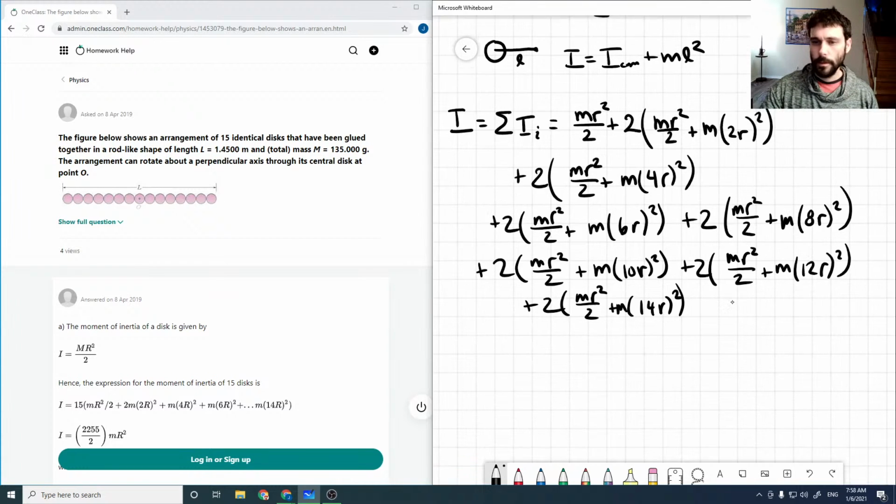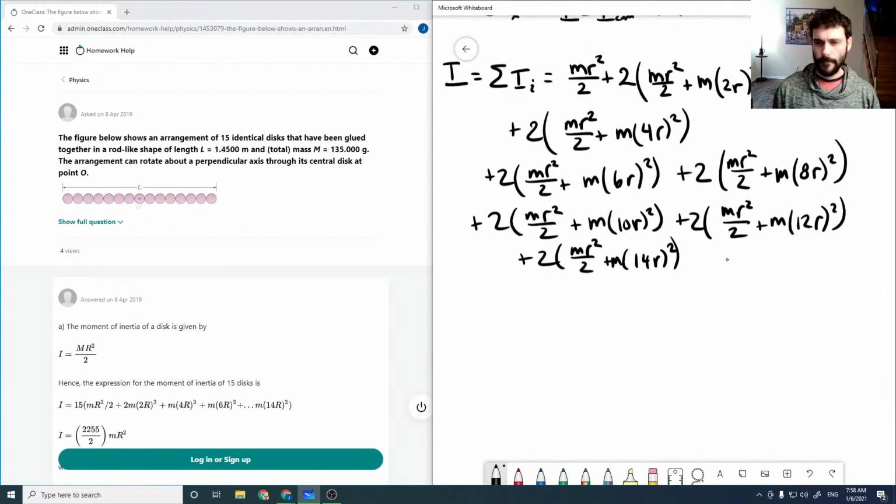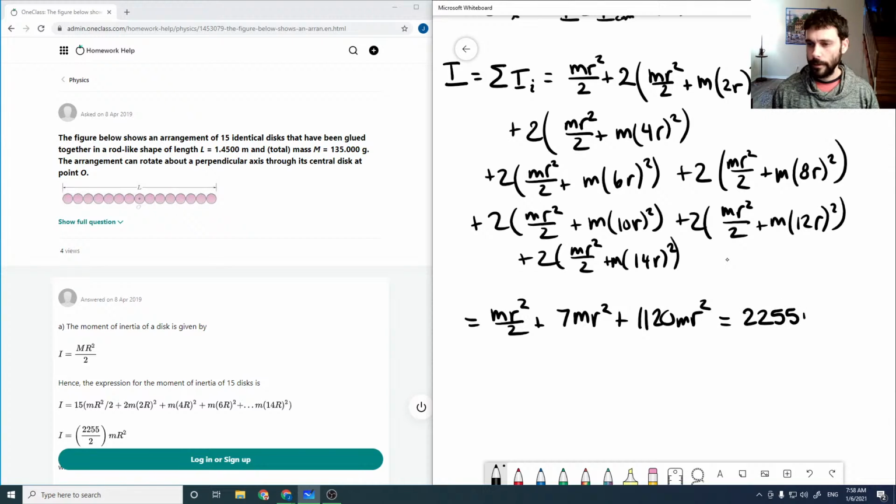Okay, so now there's quite a few there, and I'm just going to collect some terms here. And so this comes out to be mr squared over 2 plus 7 mr squared plus 1120 mr squared, when we do all this out, or 2255 mr squared over 2.